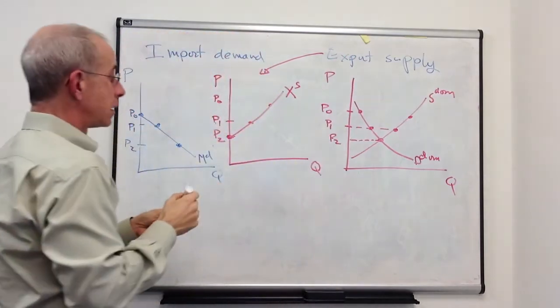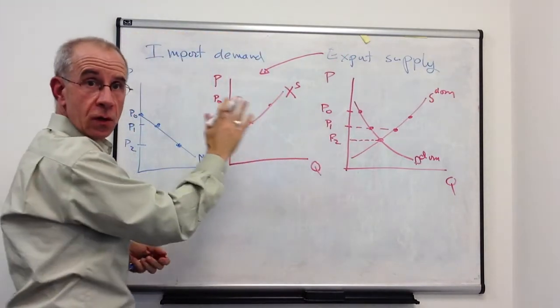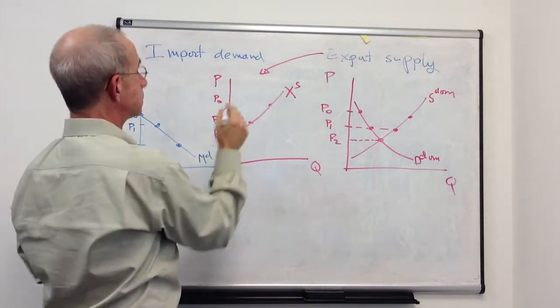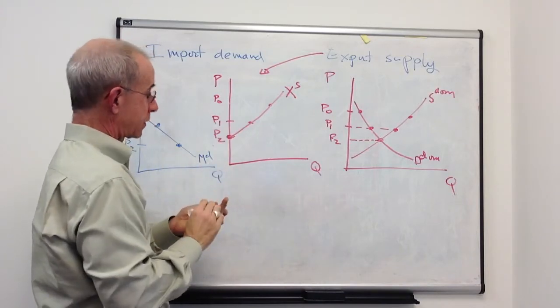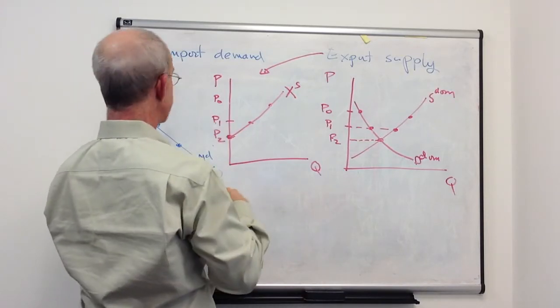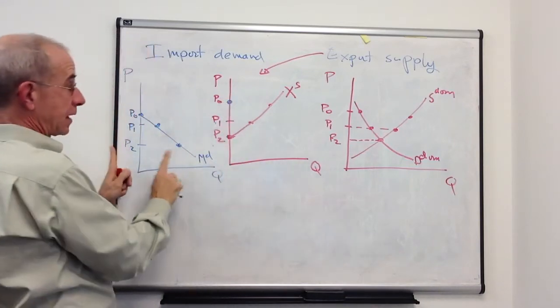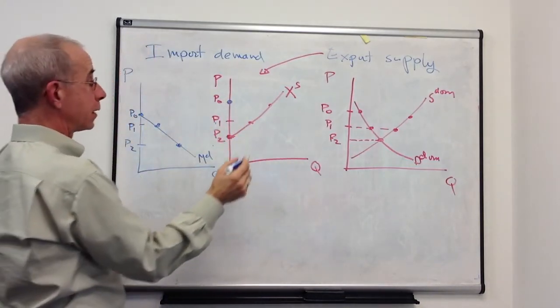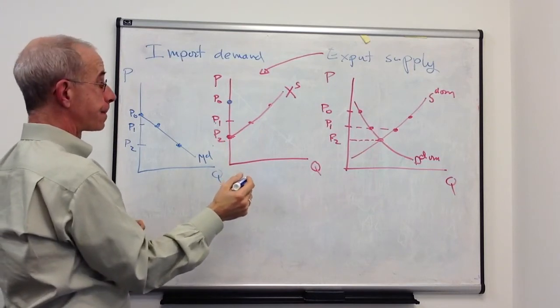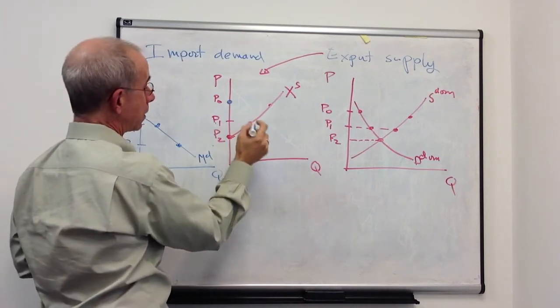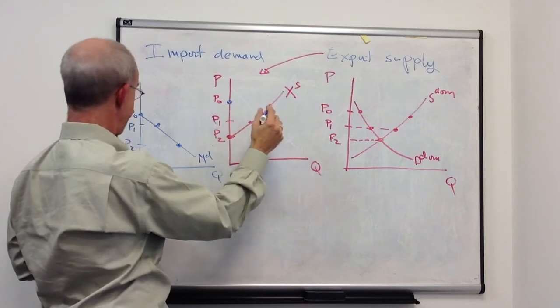Now, if you put these two curves together, I'm going to draw this using the blue. So I'm taking this and putting it on this curve.